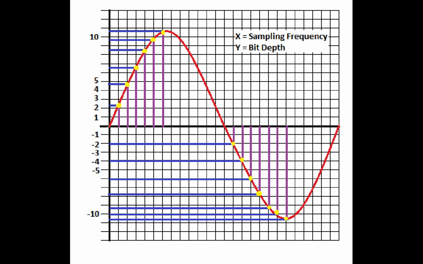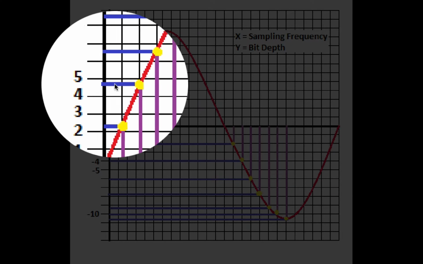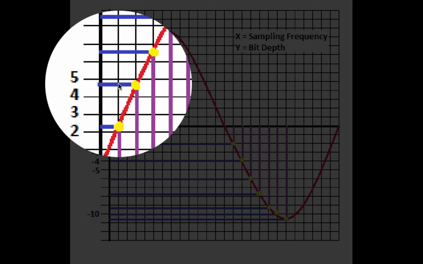Bit depth will be your other axis, your y-axis. So your bit depth has to do with how many different amplitudes you're able to sample at. So I liked this diagram because we had bit depth 1, 2, 3, 4, 5. It's very simplified, but you'll see what happens in this sort of situation if we sample and it samples right here at 4.7, 4.8-ish.